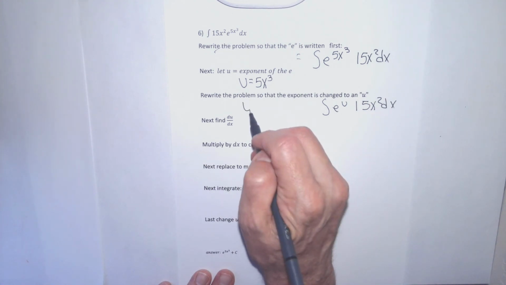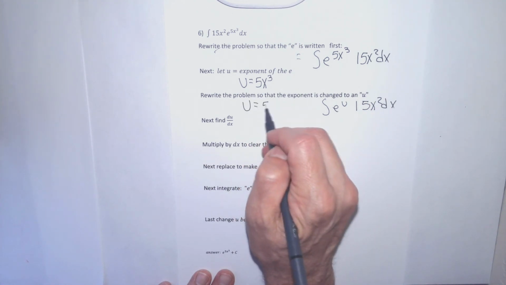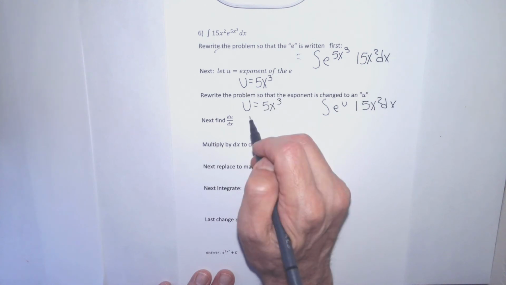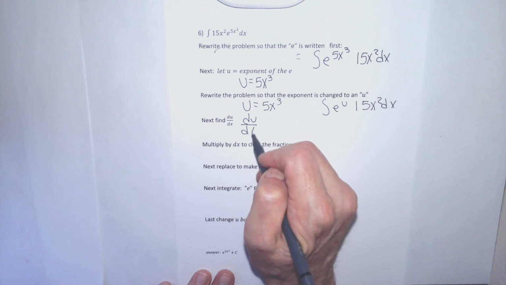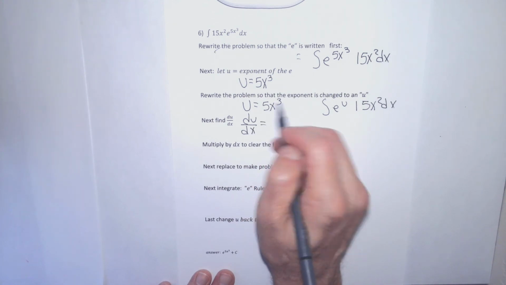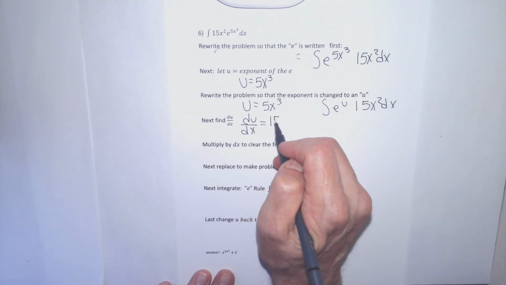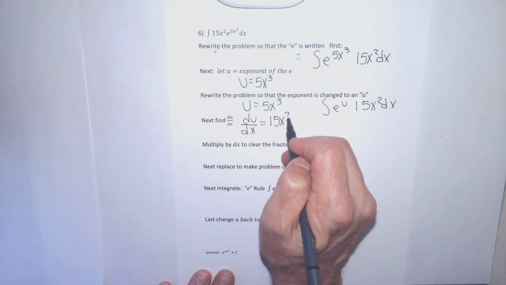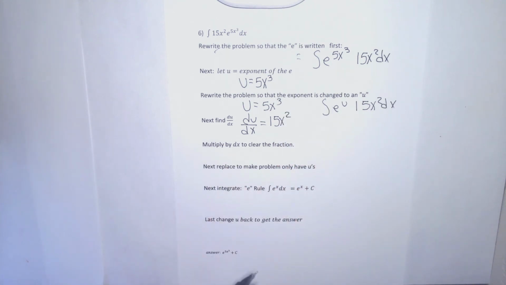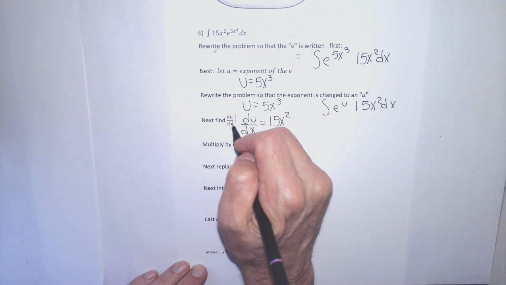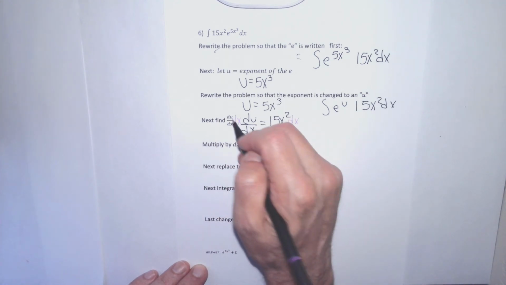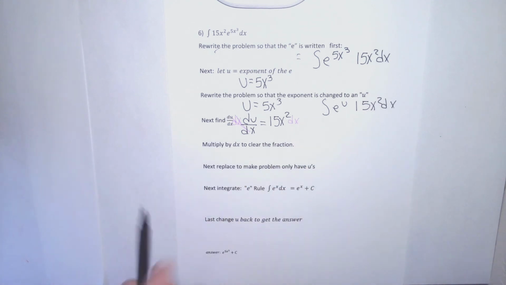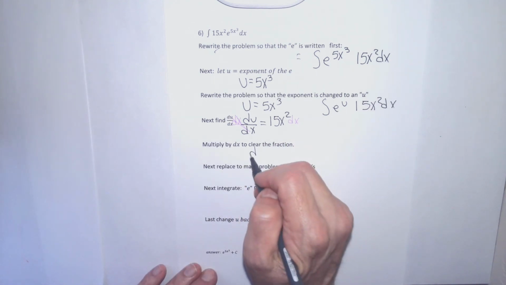Specifically, I start with my u. I take the derivative with respect to x. The derivative of 5x cubed, I just do 3 times 5 and get 15. I lower the exponent by 1. And then I multiply by dx to clear the fraction. Hopefully a lot of you are going right to this step and doing the multiplying kind of without even showing the multiplying.